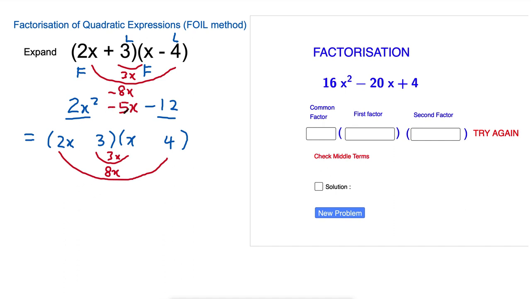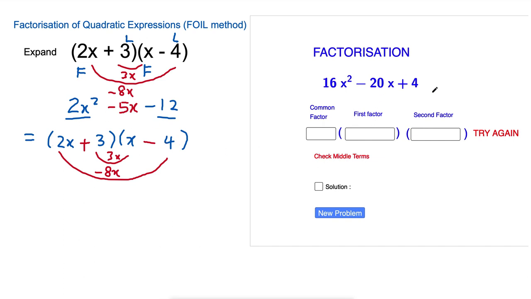Now we know that the middle term is negative 5x. Therefore, this must be a negative 8x, so that when we total it, we have the middle term negative 5x. That means the outer term must be negative and the inner term is positive. And this completes our factorization.